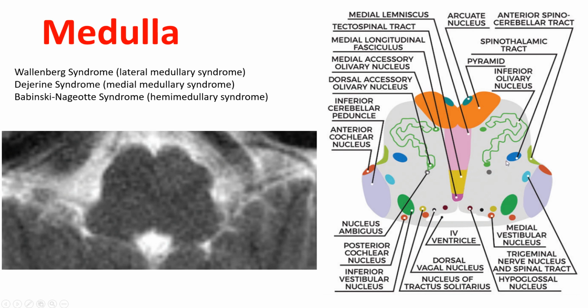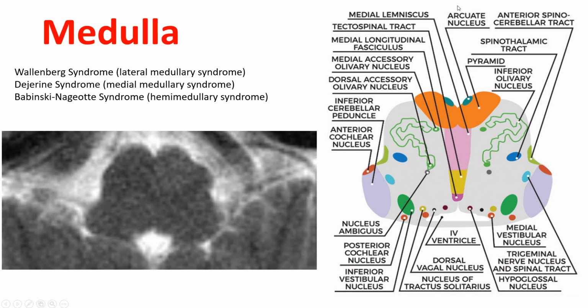We have the nuclei of the hypoglossal nerve, and the nuclei of the vagus, accessory, and glossopharyngeal nerves. This is the arrangement of the nuclei in the medulla and the different internal structures of the medulla.